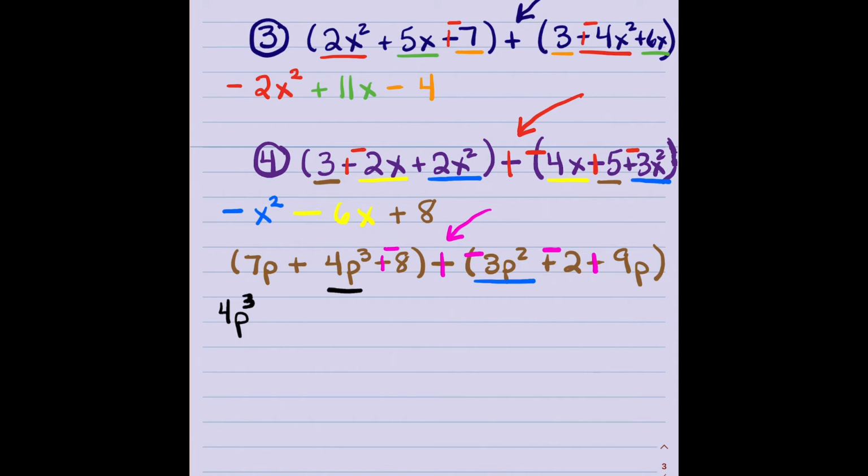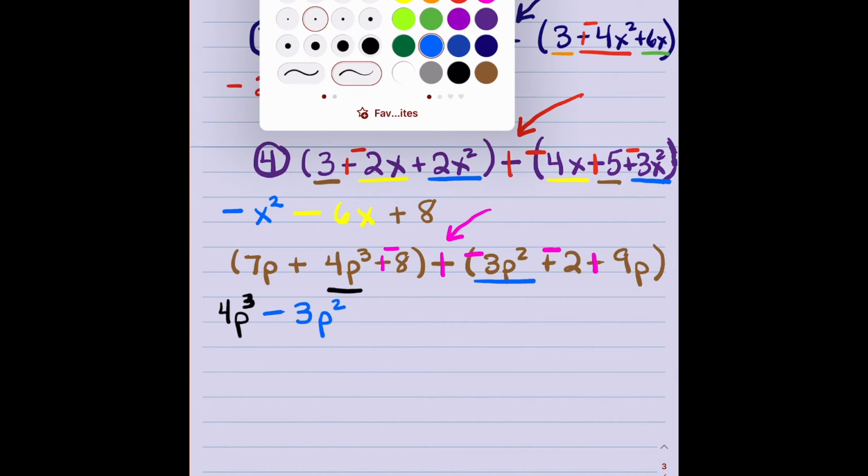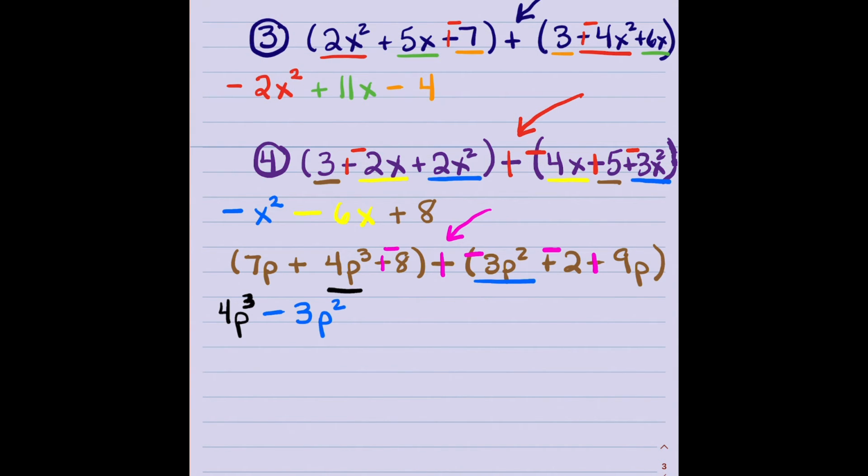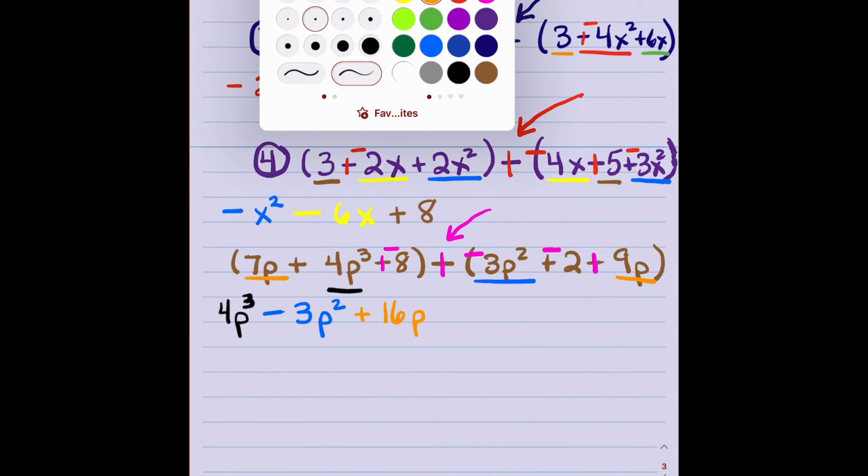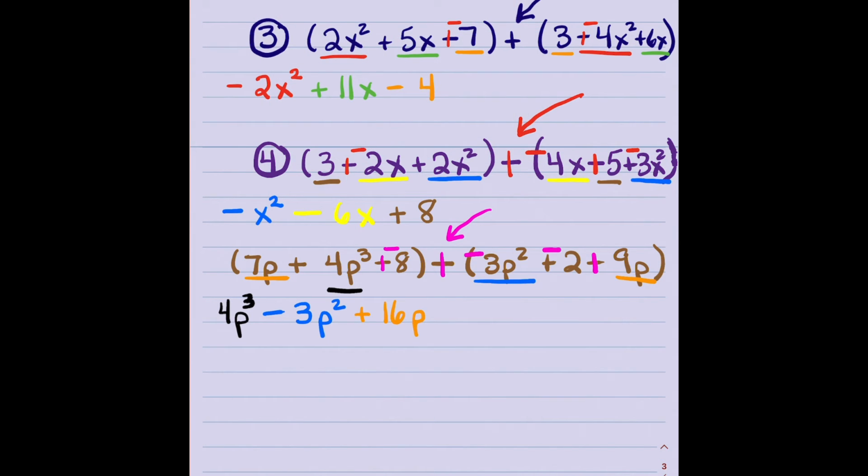So I have -3p squared, but that's the only one there is, so -3p squared. And then, straight up 7p and 9p, so plus 16p. And finishing this up with a -8 and a -2 is -10.